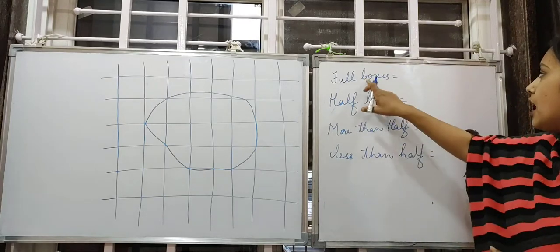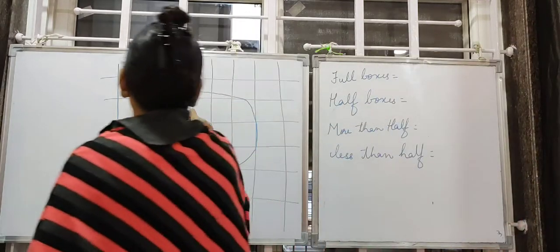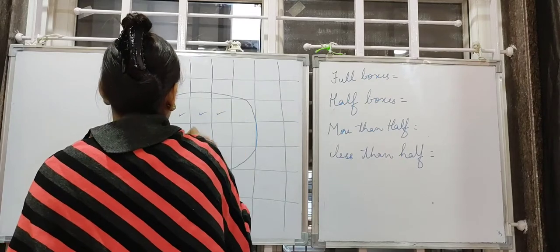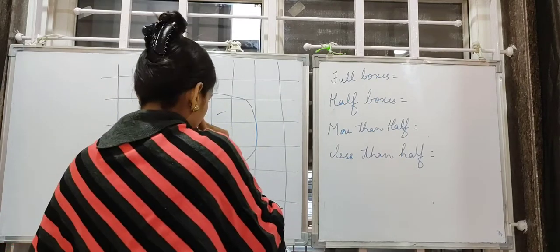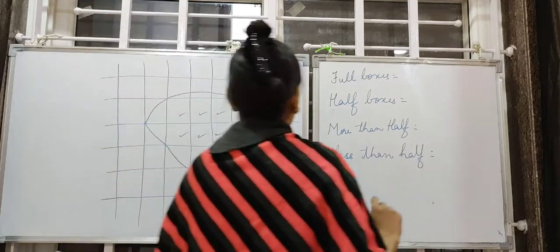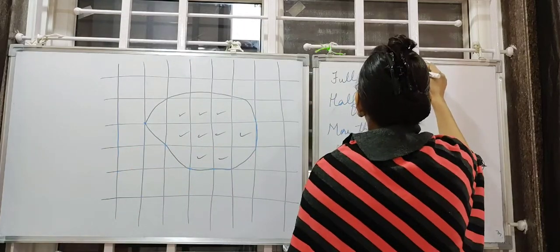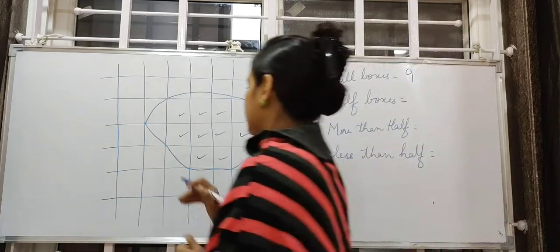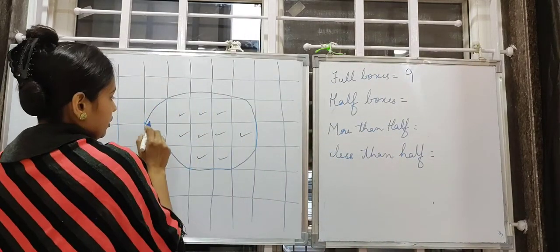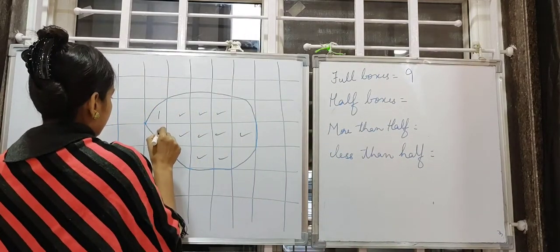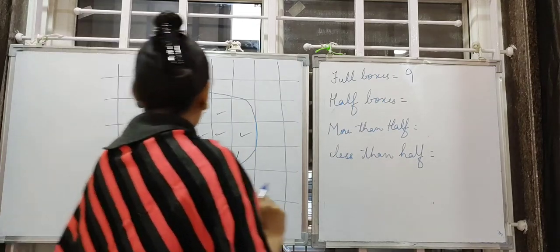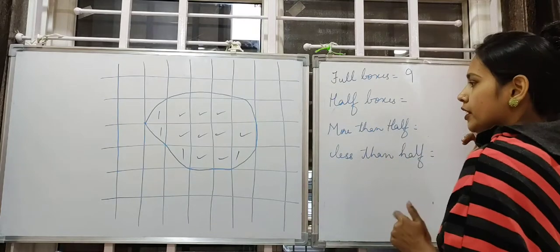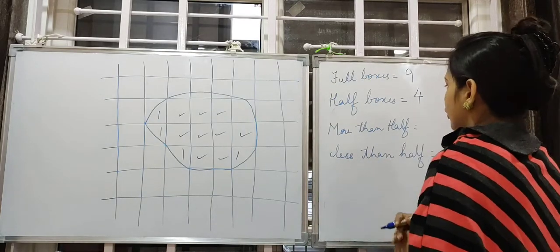So first let's count the full boxes. 1, 2, 3, 4, 5, 6, 7, 8, 9. Any half boxes? Let's see. Here I can see this one is half, half, half, half. 1, 2, 3, 4. 4 half boxes.